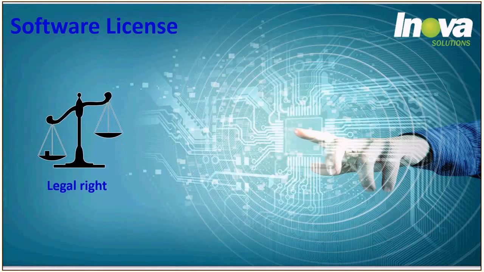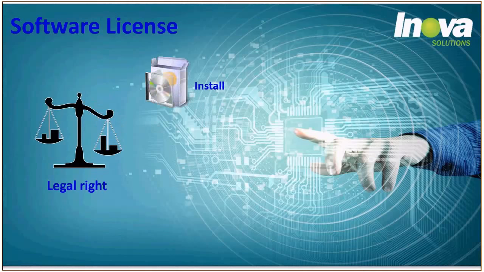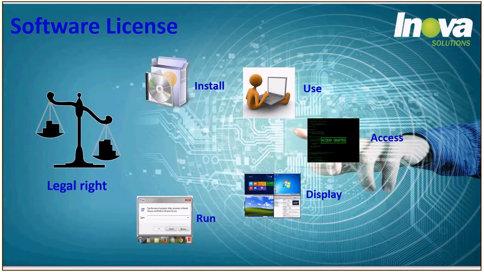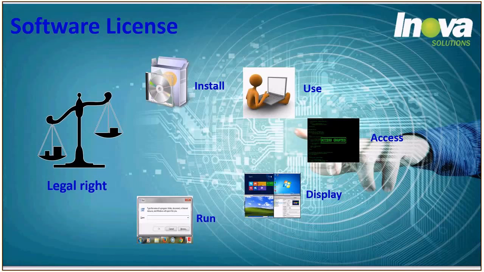So the first thing is, what is a software license? A software license gives the right to install, to use, to access, to display, or to run a specific software program. So you may require a software license for each computer or device on which the software is installed.